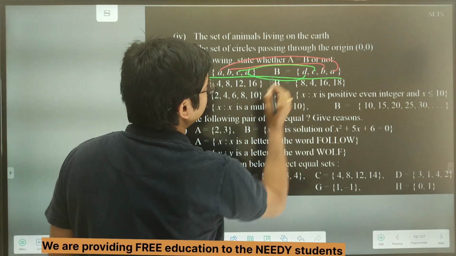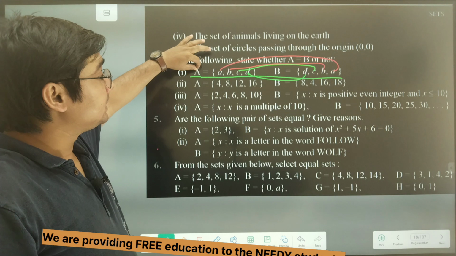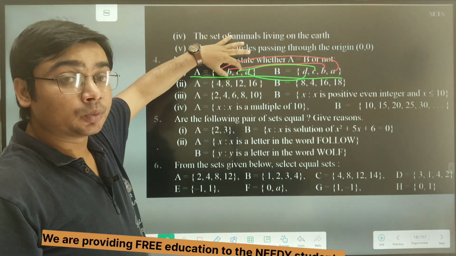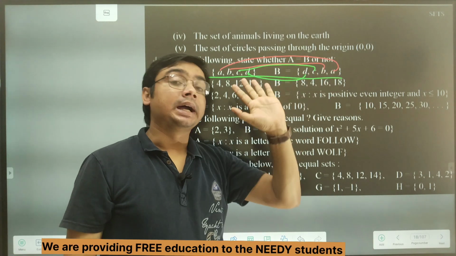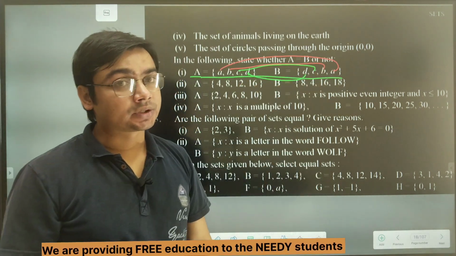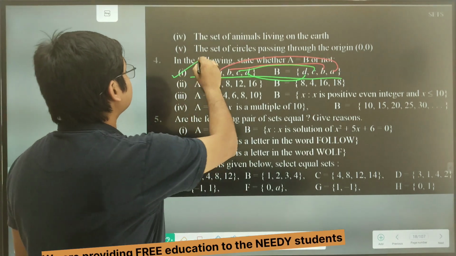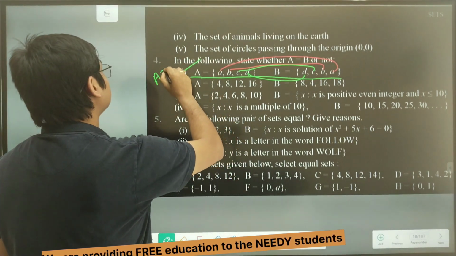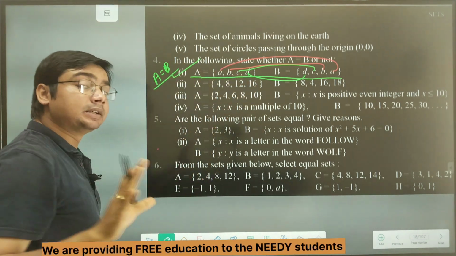D also is an element of A and B. The number of elements in A is 4, as well as the number of elements in B is also 4, and the elements are also the same. That means these two are equal. So the first one, A equal to B, they are equal.